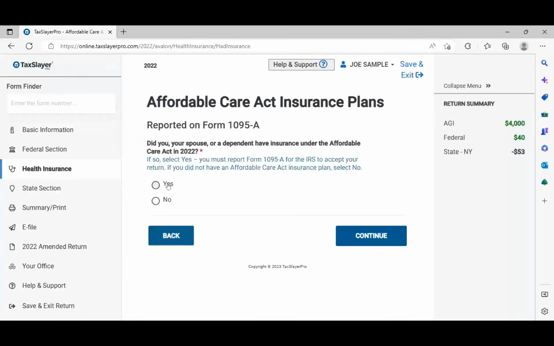So we would enter yes or no whether they have coverage through the exchange. And then we'd have to enter information from the 1095 that this person has. Again, if that person doesn't have it that week, make sure they come back the next week with that form. It is that important. State section.